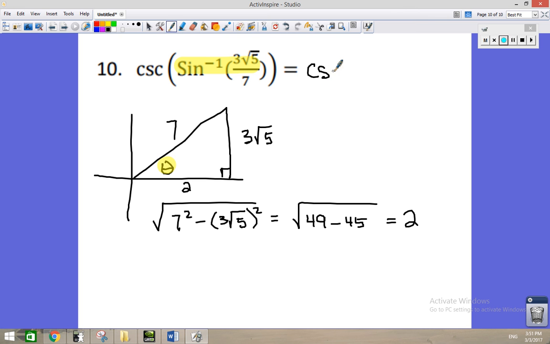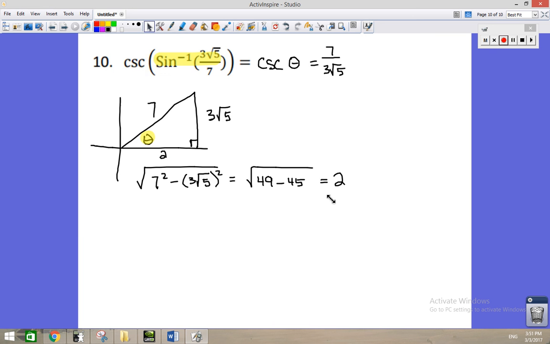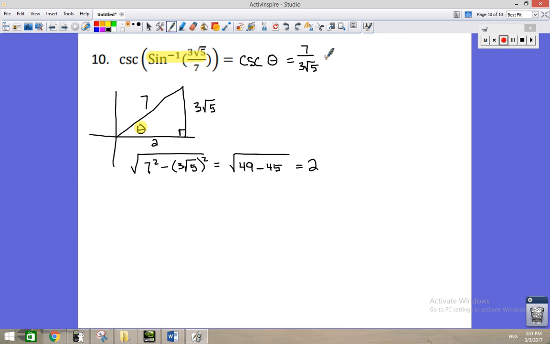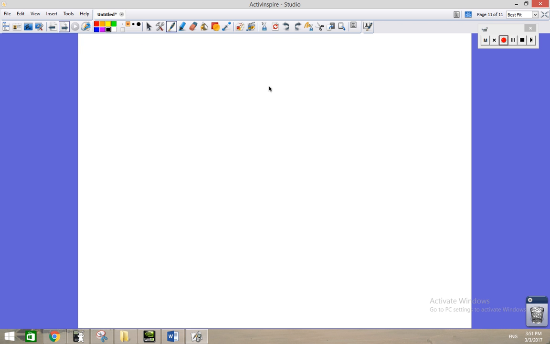They're asking us to determine the cosecant of theta, which is the reciprocal of sine. So this is 7 over 3 radical 5. We need to rationalize that denominator. So we've got 7 radical 5 over 15 as our final answer. Hey, that's it. Hope that helps. Talk to you later.